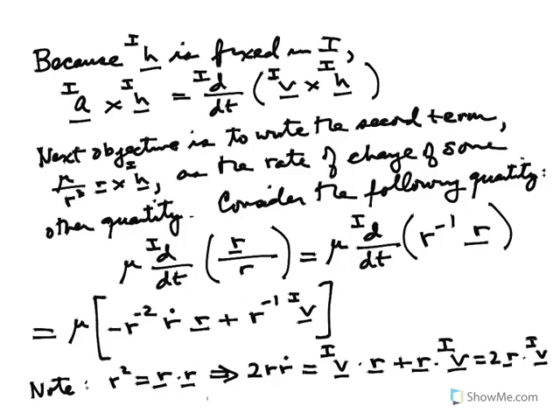So from this, you find that r dot is equal to r dotted with vi all divided by r. So we can substitute that in now.